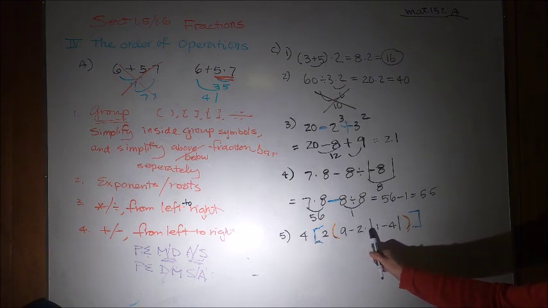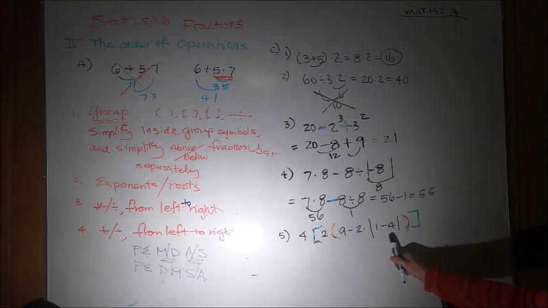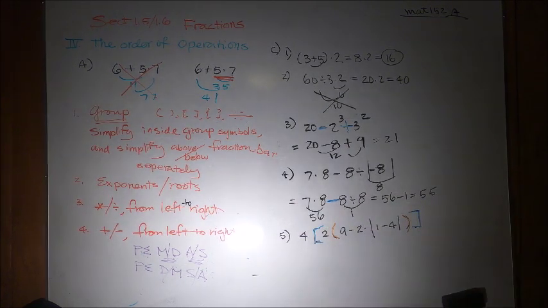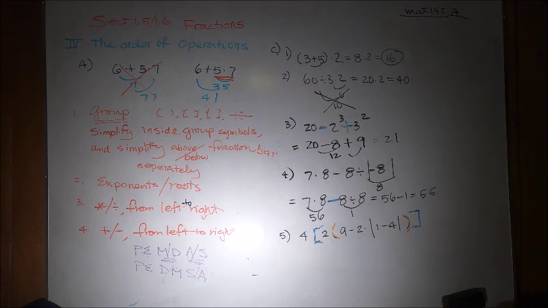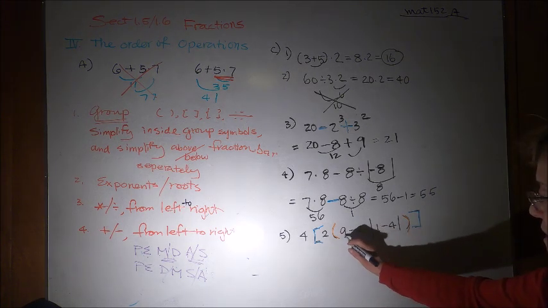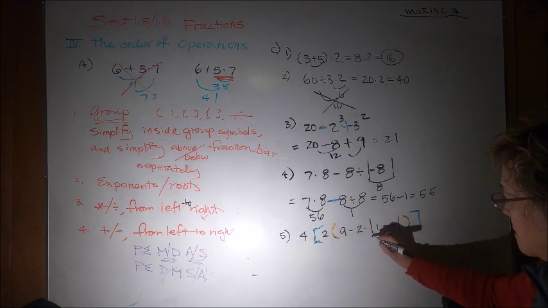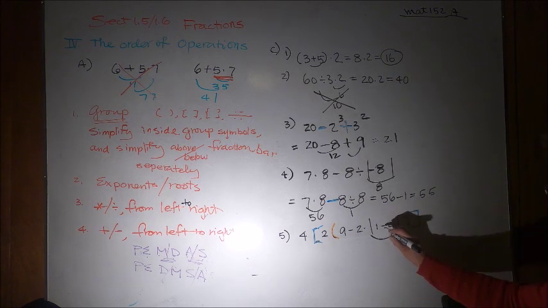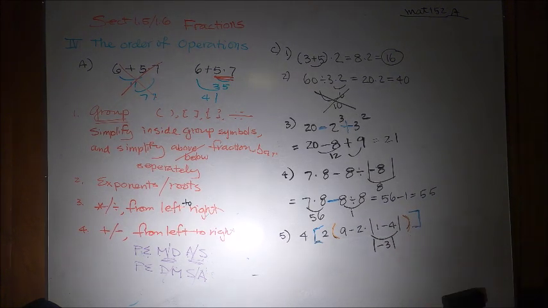9 minus 2 times a group. So within here, don't look at too many things at one time. Okay? Focus on the one you are working on from inside. So it's this one. You will do this first. 1 minus 4 is what? -3. Right?